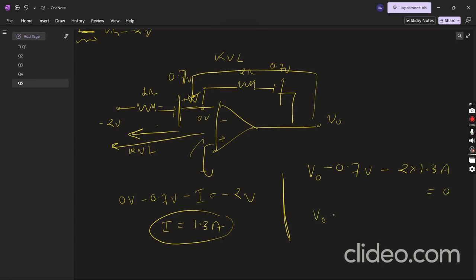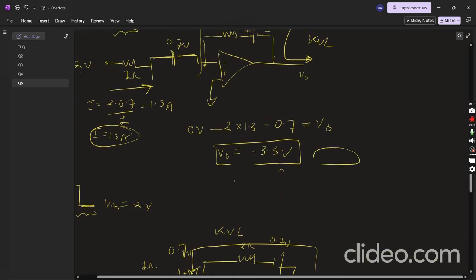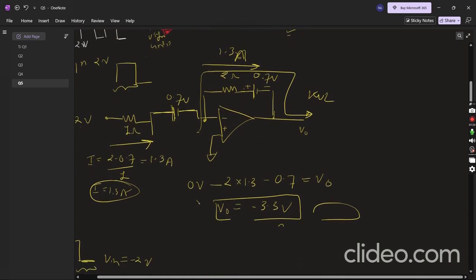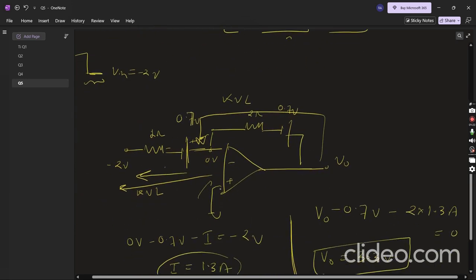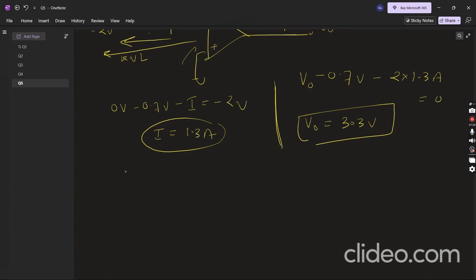If we solve, we get the answer as 3.3 volt. So for the negative half cycle we get 3.3 volt as output, and for the positive pulse we get minus 3.3 volt as output. So this is the final answer of this question, and this is all the answer for all 5 questions. Hope you like it.